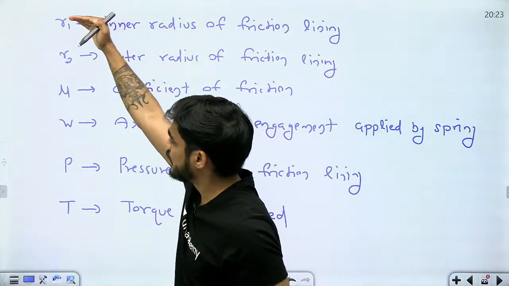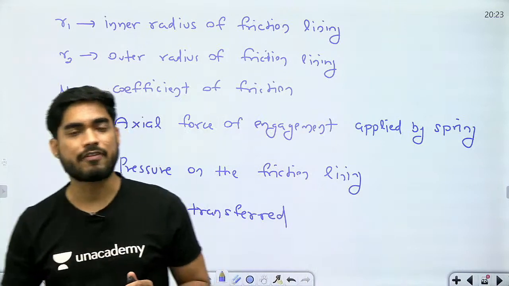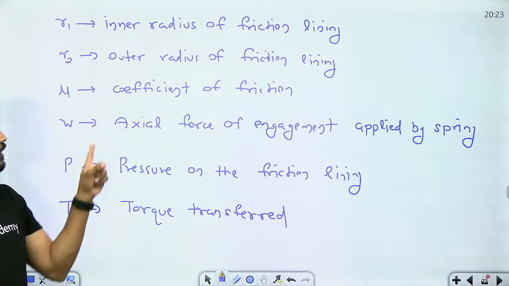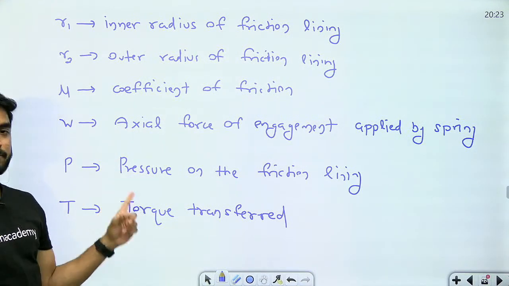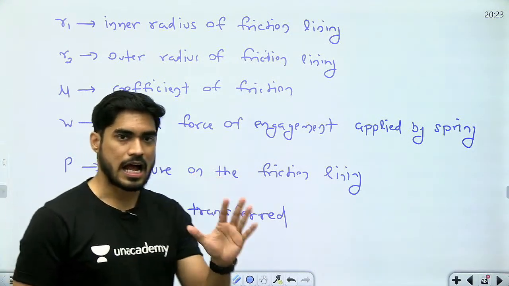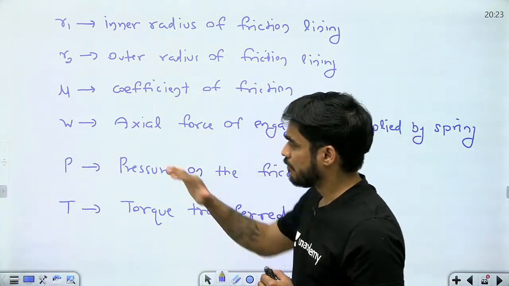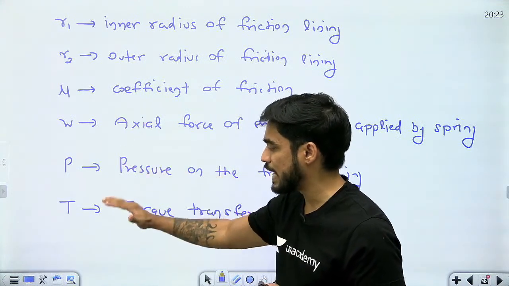Now how will I find the relation? First I will find the relation between W and P, and then the relation between P and T.